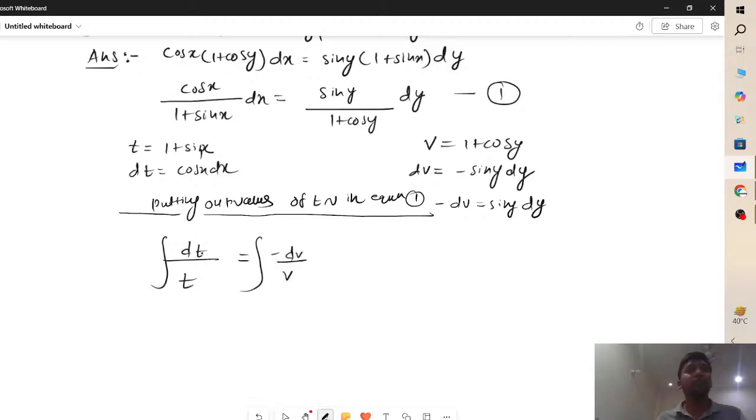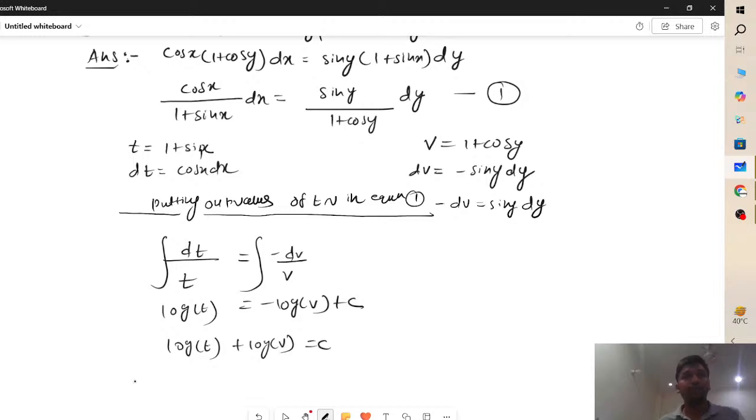Here integration is done with respect to t, and here with respect to v. So we get log t equals minus log v plus c. That can be written as log t plus log v equals c.